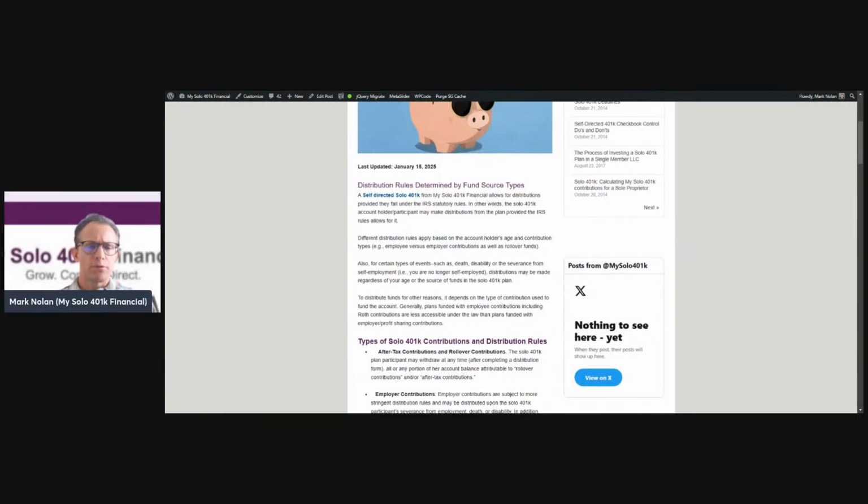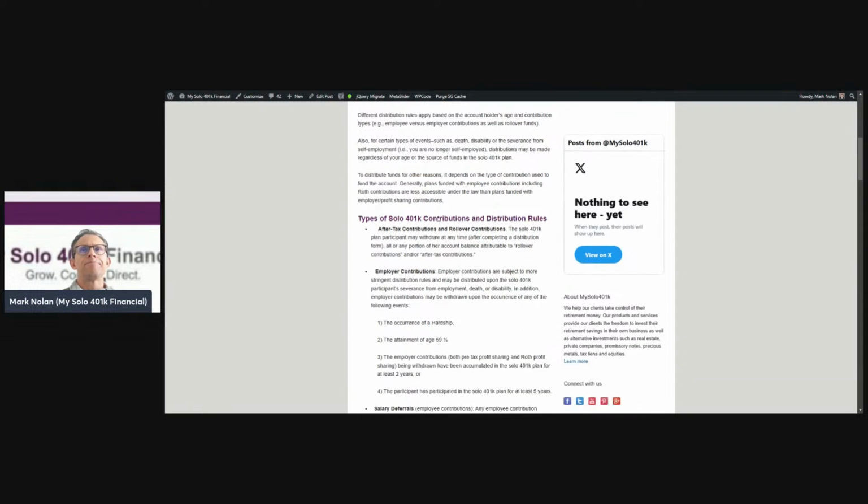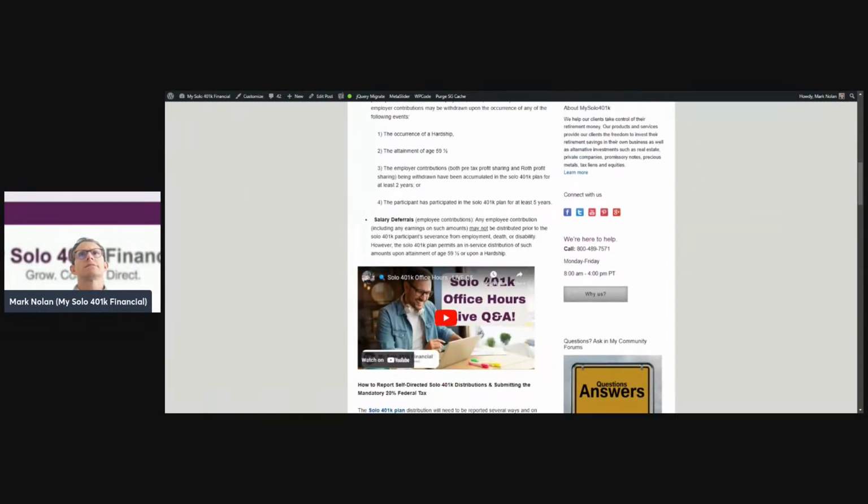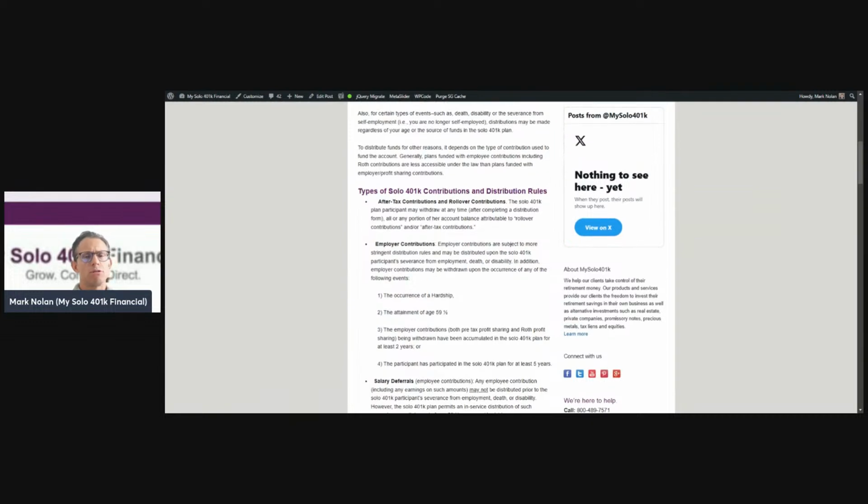From a distribution perspective, when comparing pre-tax solo 401k funds versus Roth solo 401k funds, the rules are similar, but they're still different in some regards. Let's talk first about pre-tax solo 401k distribution.